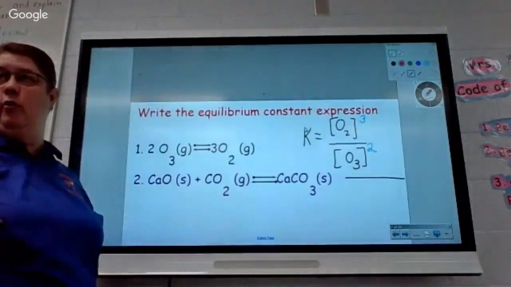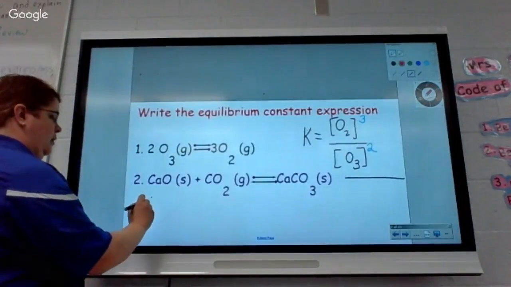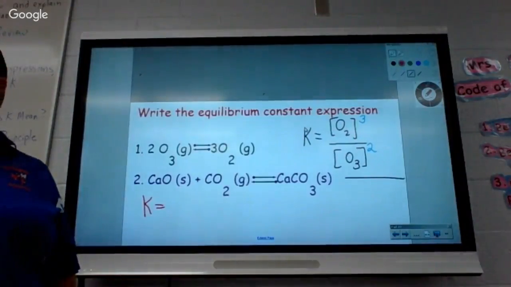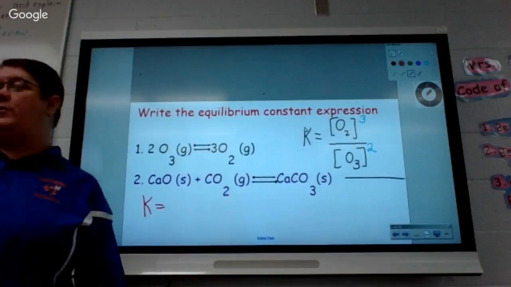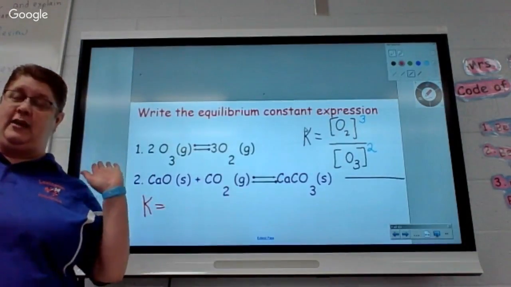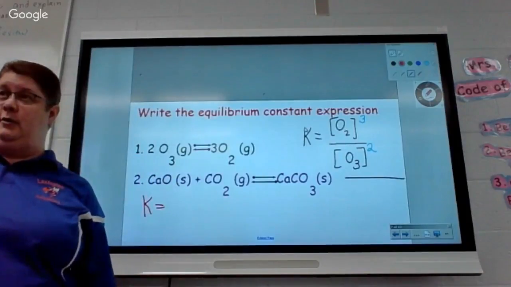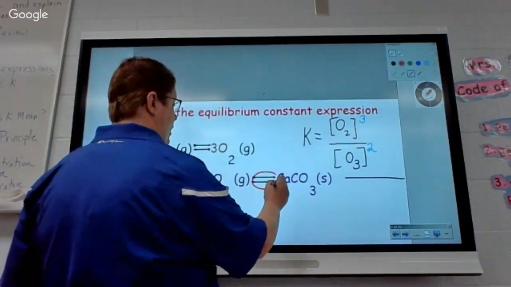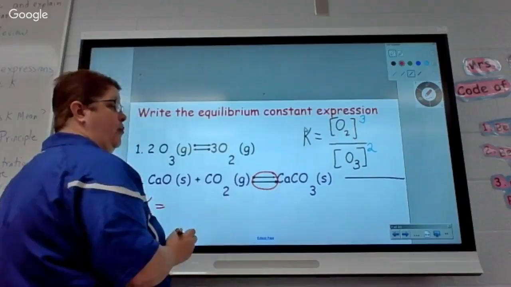All right. We're going to write K equals. All right. Destiny, what are my products? You can tell me the products, right? Okay, what are the products? Can you tell me where the yield arrow is? Okay, so what's on the side of the products on the yield arrow? This is the yield arrow, right? Oh, okay. So what's on the product side?